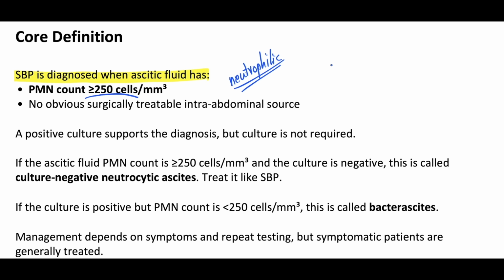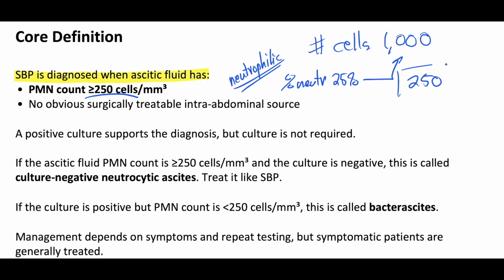Oftentimes when you get the cell count, they'll tell you how many cells there are. Let's just say there's 1,000 cells. What you have to look for now is the percent neutrophils, right? If the percent neutrophils is 25% of 1,000, that'll be 250 PMNs, okay? So that is the diagnostic criteria for SBP.